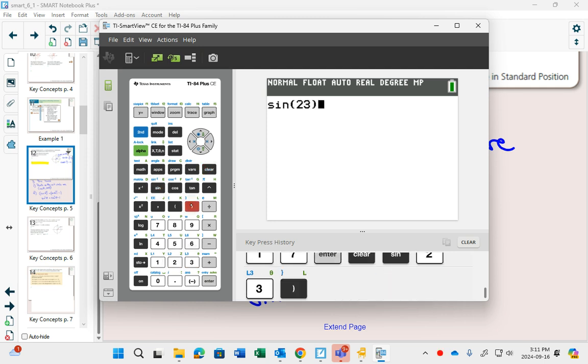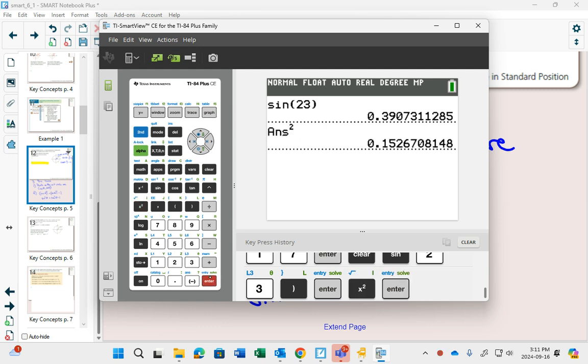Sine of 23, if we did it on our calculator, 1, 2, 3, only 10 digits. What was the next digit? 7. Amazing mental math. Perfect. Then square that, also 11 digits.